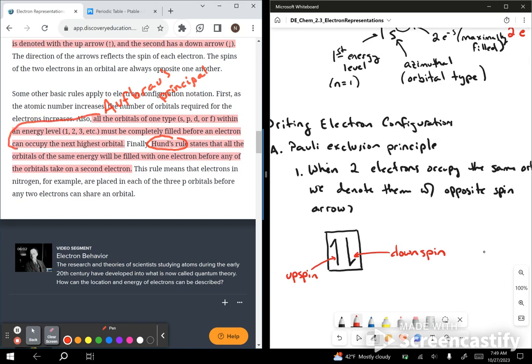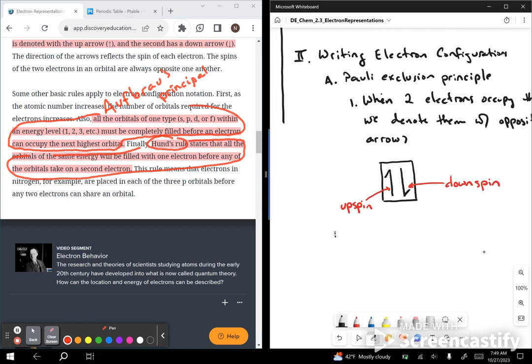Is this one right here. Okay, this is Aufbau's principle. And Hund's rule is this one right here. This is Hund's rule. Okay, so we need to make sure you have those down along with Pauli's exclusion principle. So let's just move this over here.